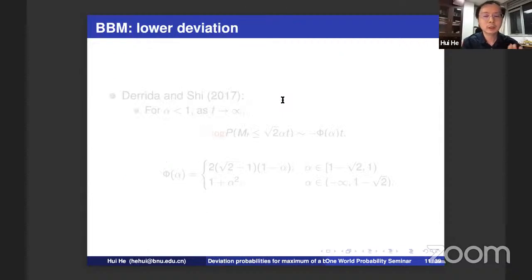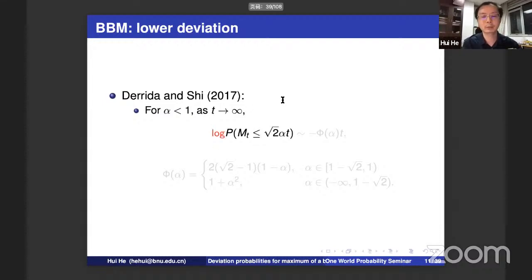So for the lower deviation case, Derrida and Shi in 2017 considered the following probability: for alpha less than 1, the probability that the maximum position at time t is less than square root 2 alpha t. For alpha less than 1, we already know that the first order of capital M_t is just square root 2 t, right? So this probability shall go to 0 as t goes to infinity.